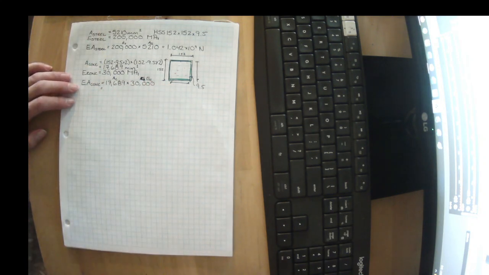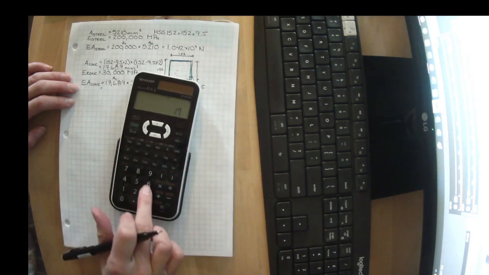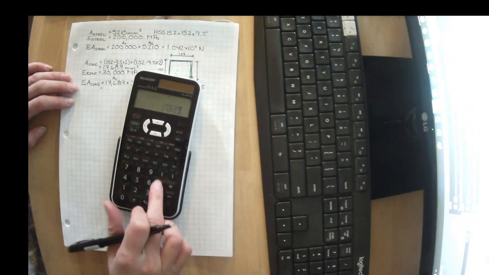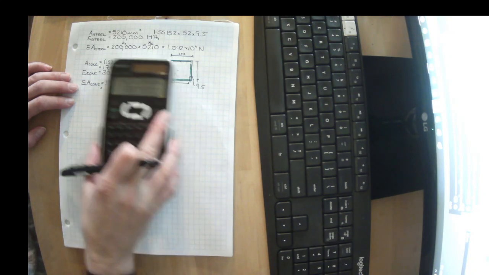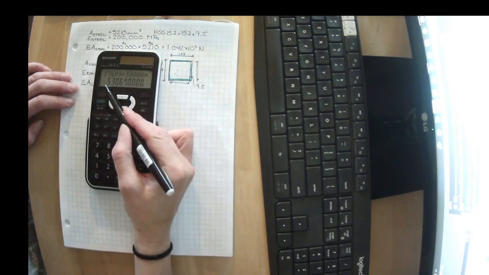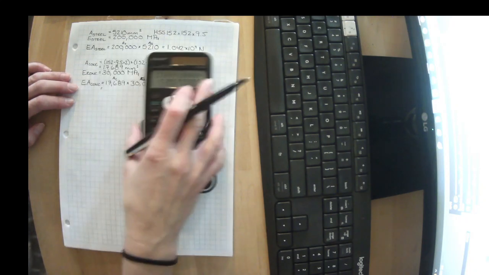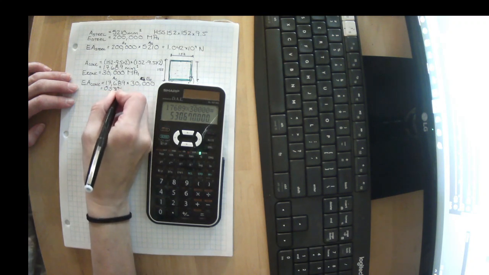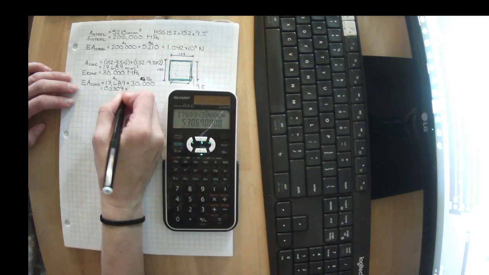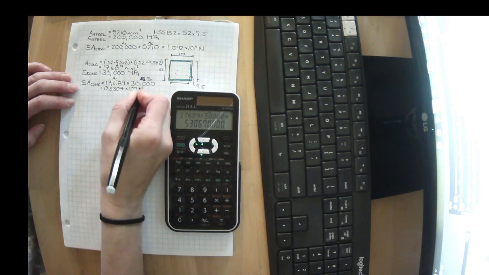If we plug that in, 17,689 times 30,000 MPa. Yeah, it's a big number, but look at that. It is only 0.5307 times 10 to the 9 newtons.